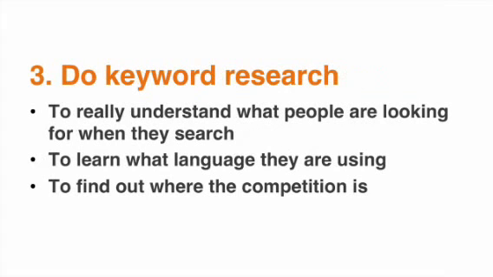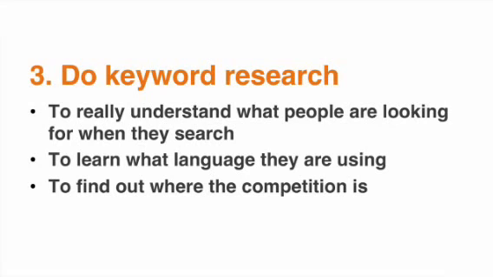Number 3, do keyword research. Okay, being successful with pay-per-click marketing in the search engines is all about targeting your ads to the right people. And the way you find the right people is by the keyword phrases that they are searching with in the search engines. So you've got to do keyword research to really understand what people are looking for when they search.